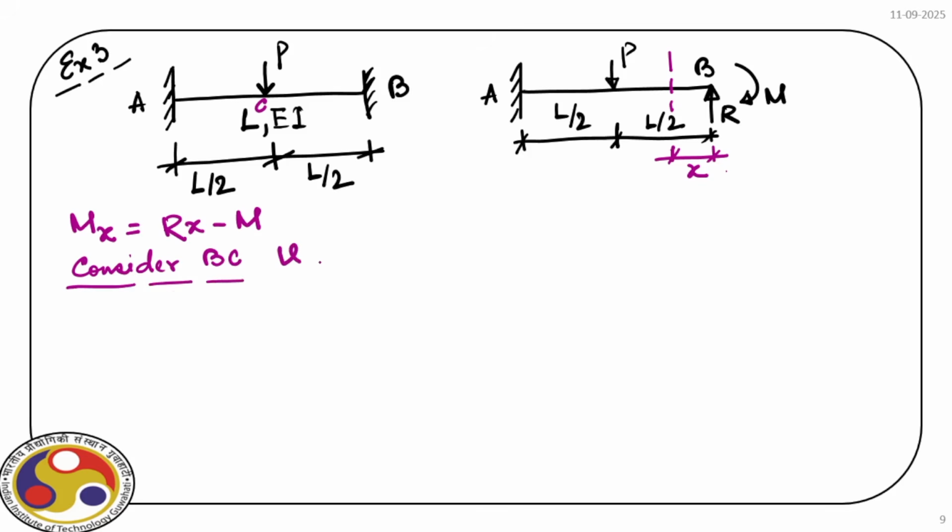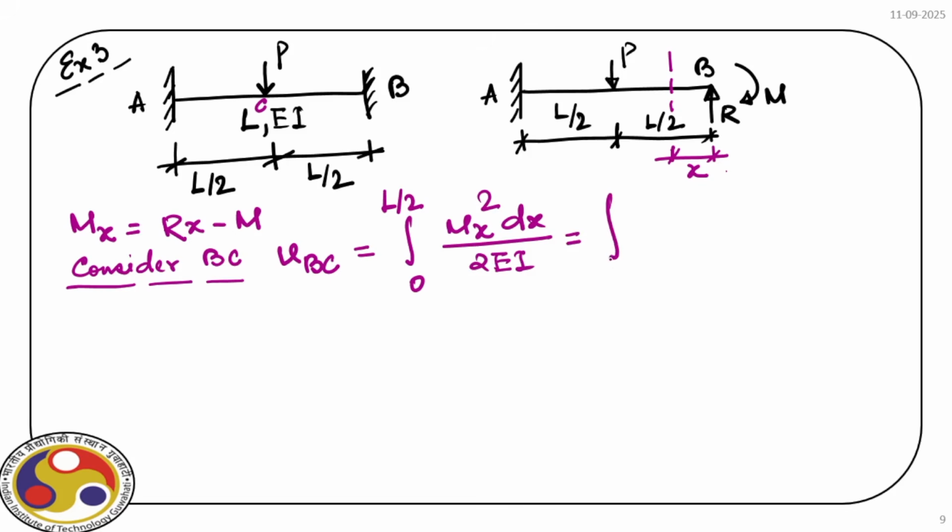Bending strain energy within the segment BC is equal to 0 to L by 2, Mx square dx divided by twice EI. So this is equal to 0 to L by 2, in place of Mx, we can write Rx minus M whole square dx divided by twice EI.